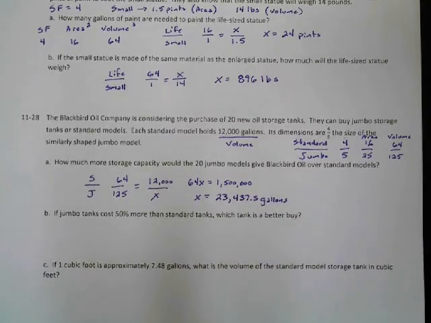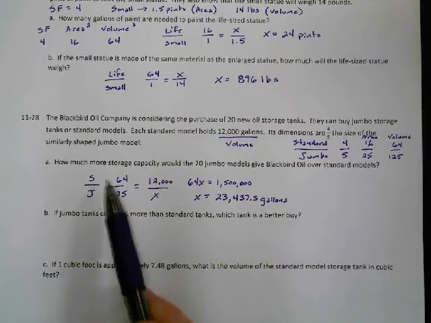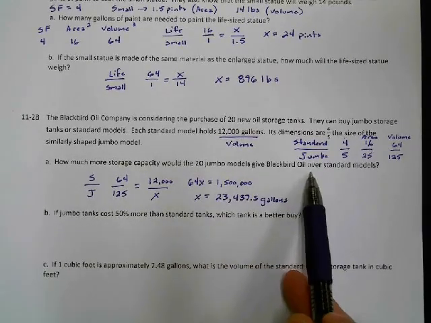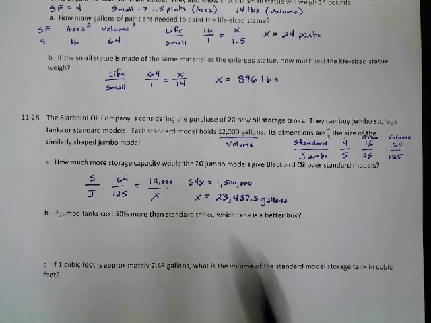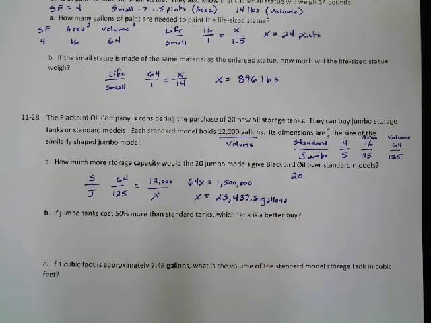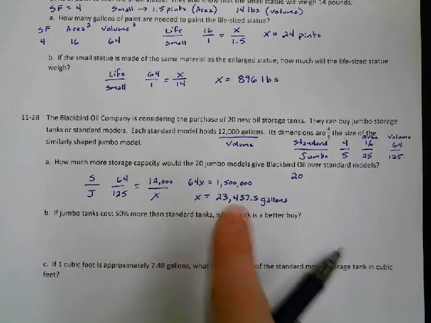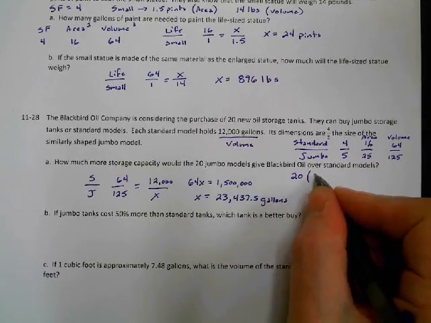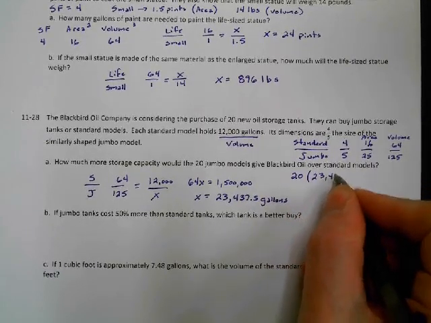So this is saying how much more storage capacity would 20 jumbo models give the Blackbird Oil Company over the standard. So we want 20, and I want the difference between the jumbo and the standard. So the jumbo is 23,437.5.